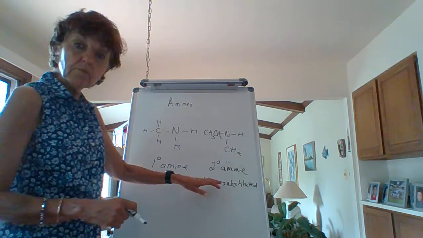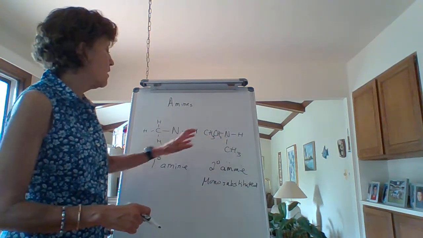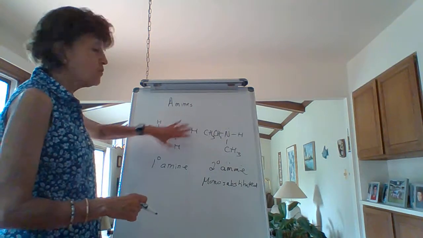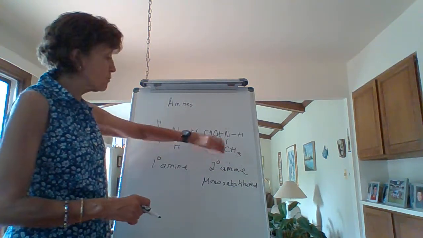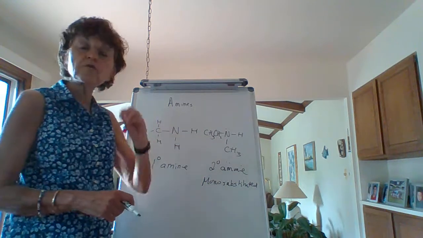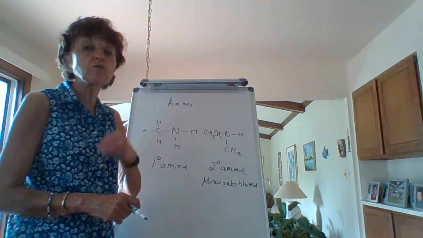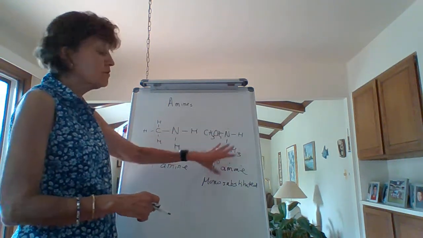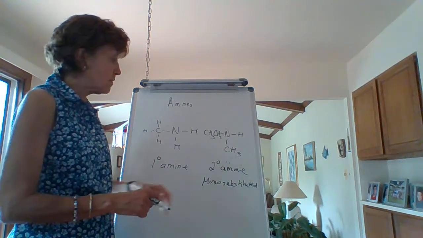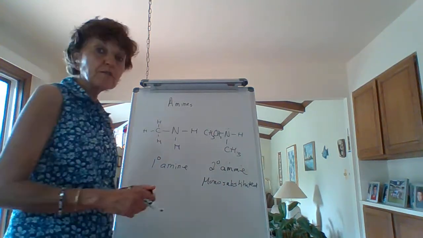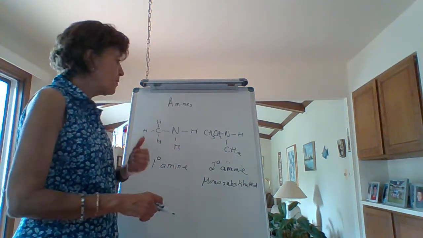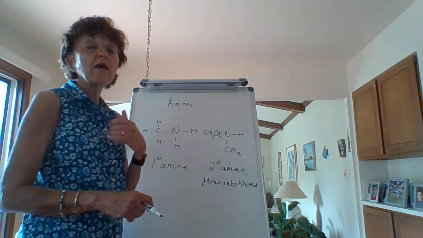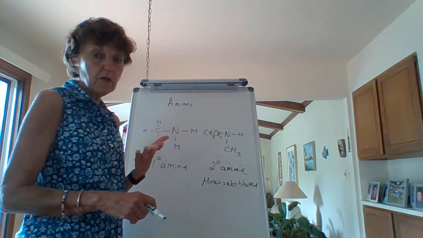The reason they call it mono-substituted is that, you know how we had an amine that had 2 hydrogens? Well, now that you take one of those hydrogens away and you replace it with an alkyl group, you're substituting one of the hydrogens with an alkyl group, so it's called mono-substituted. If you substitute both hydrogens with alkyl groups, you then have a di-substituted amino group.